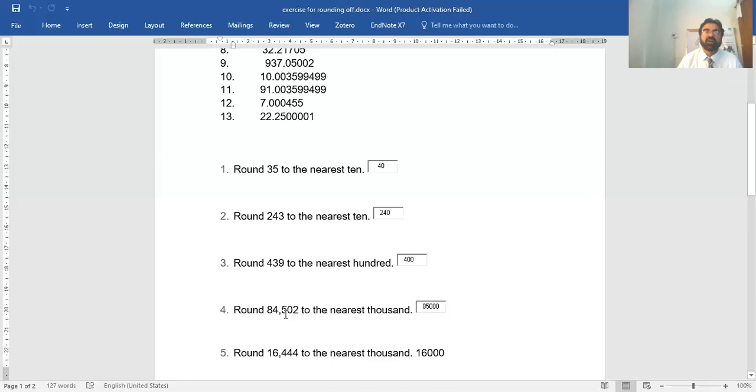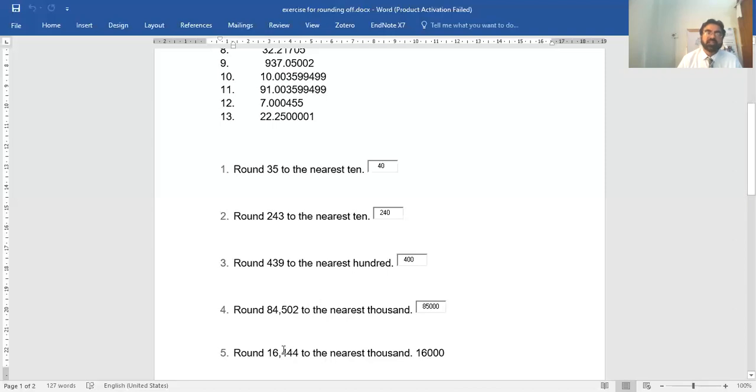Rounding 84.5, it will become 85. The reason is, this digit is 5, so you have to increase this by 1 and delete the others, so it will become 85,000. Rounding 16.44 to the nearest 1000, it will become 16,000.